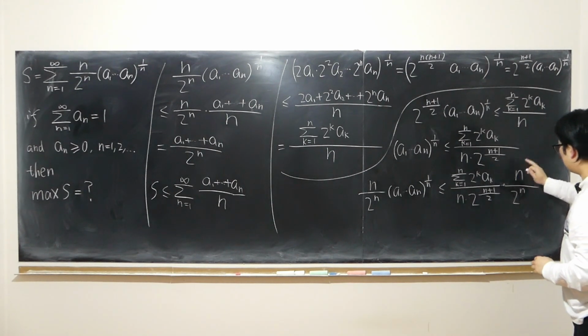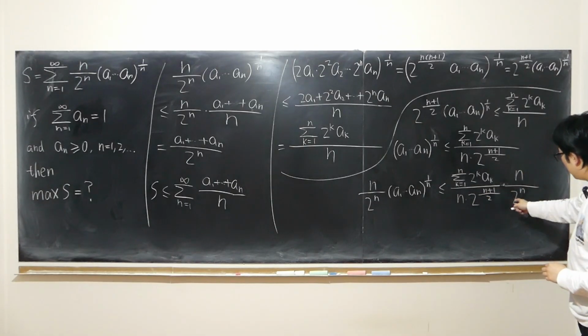Right? This n and this n cancel out. But the thing is that we have 2 to the power of half of n plus 1 plus n.